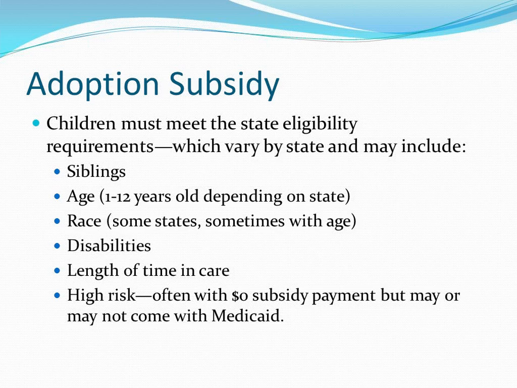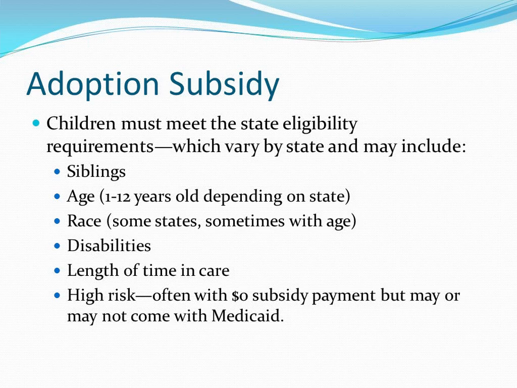But this provides a safety net if problems arise later for the child, if you can get a diagnosis for the subsidy payments to begin. So high risk is sort of the fallback option if the child doesn't qualify under any other category.